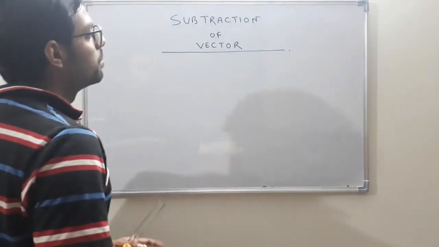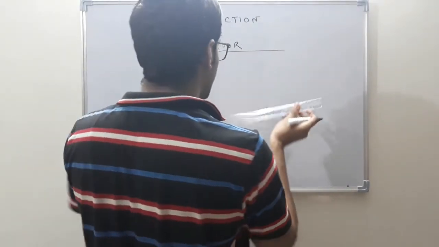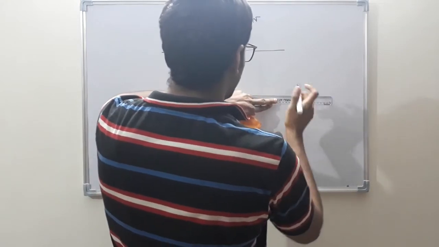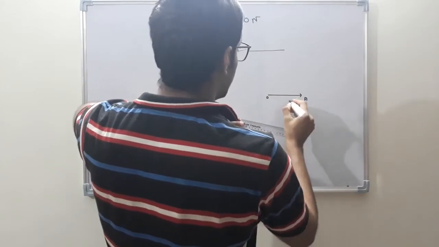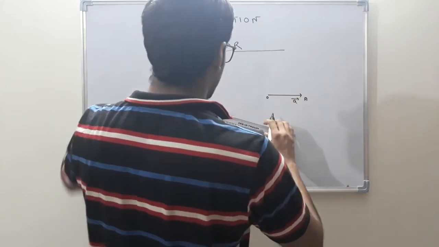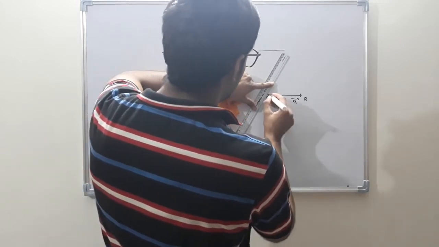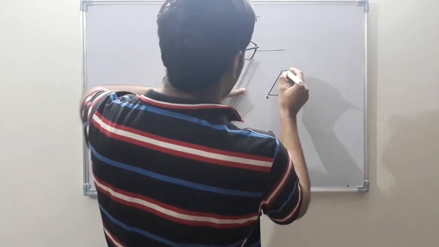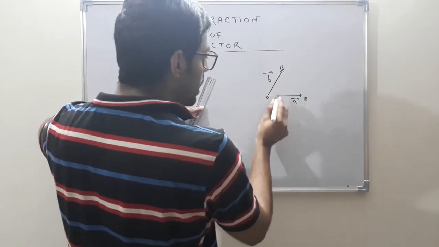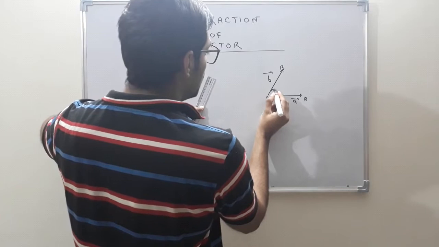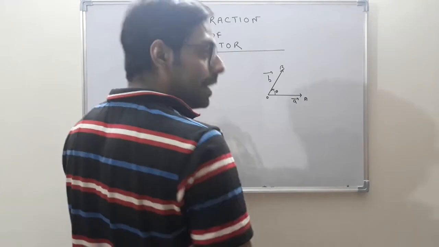If you recall the previous session, suppose we have two given vectors, one is OA, given by vector A, and another vector OB, given by vector B, and vector B makes an angle theta with respect to vector A. This angle is chosen in the anti-clockwise sense.